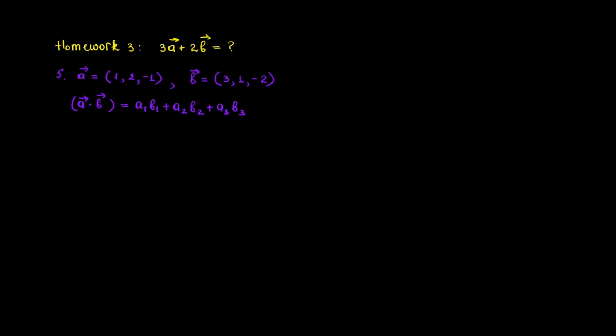Similarly, b1 is equal to 3, b2 is equal to 1, and b3 is equal to minus 2. Now, if we insert these numbers into our equations, then we will get 1 multiplied 3 plus 2 multiplied 1 plus minus 1 multiplied minus 2. So it's equal to 3 plus 2 plus 2, right? So it is 7.